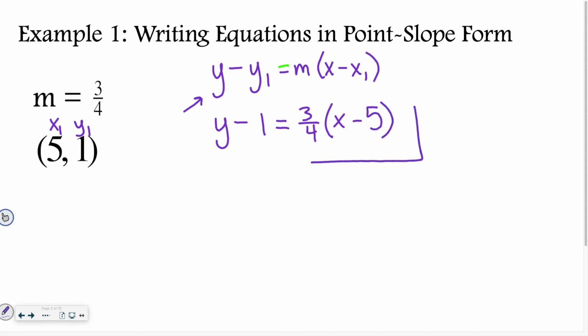And that is all I have to do in order to translate this information into a point-slope equation. Okay, so y minus y1 equals m times the quantity of x minus x1. And you just replace that y1 and x1 and the m with the given information.